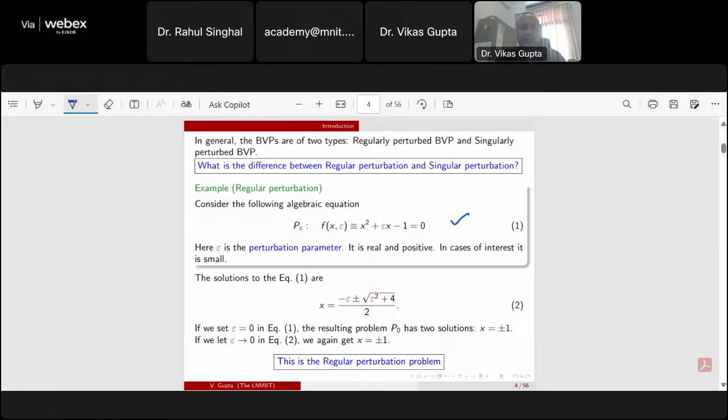Epsilon is real and positive, but it may assume very small values, in fact very near to zero. Epsilon basically approaches 0.